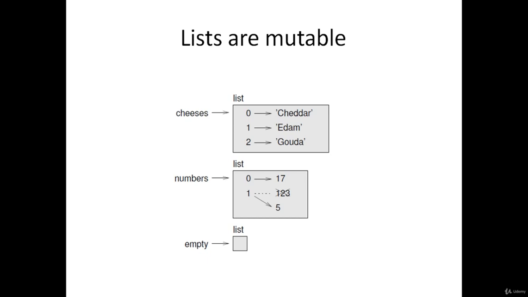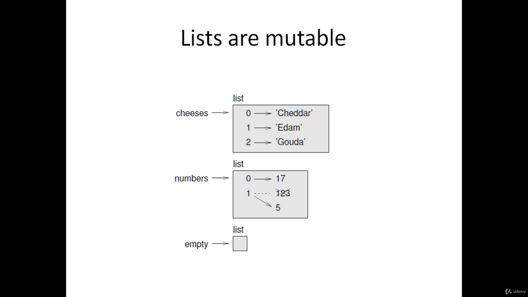Cheeses refers to a list with 3 elements, indices 0, 1 and 2. Numbers contains 2 elements. The diagram shows that the value of the second element has been reassigned from 123 to 5. Empty refers to a list with no elements.